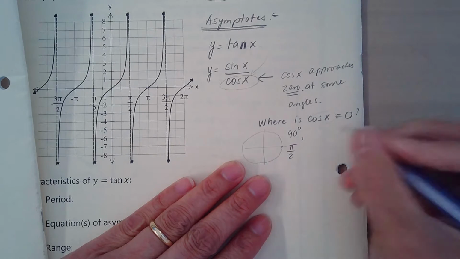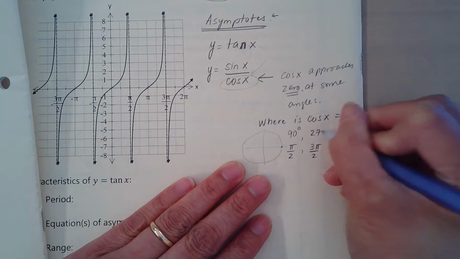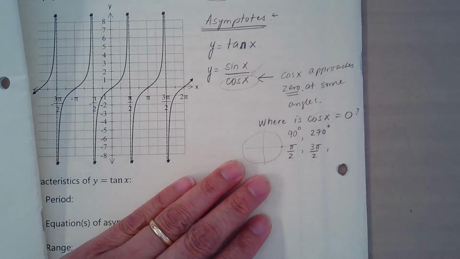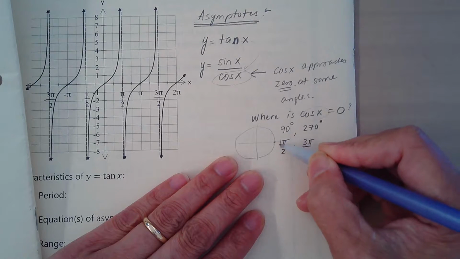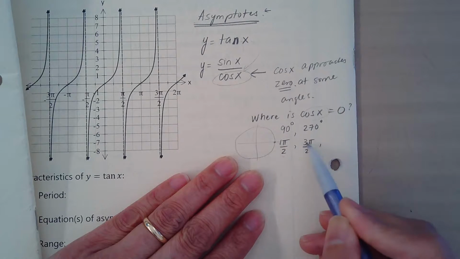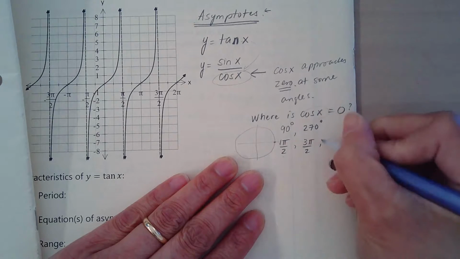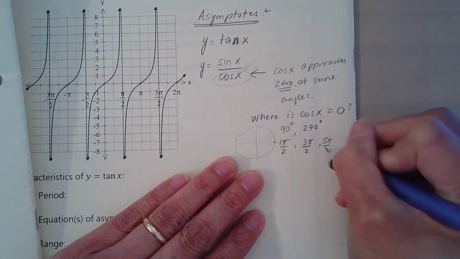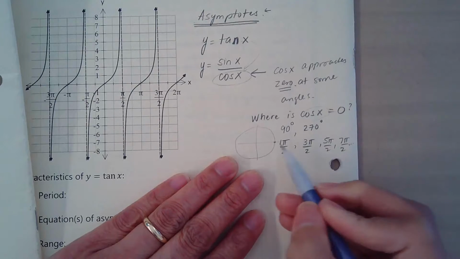Where's the other one? 3 pi over 2, or 270 degrees? Where else? Maybe you can see the pattern: pi over 2, 3 pi over 2. What do you think the next one is? 5 pi over 2, 7 pi over 2, and so on, right?